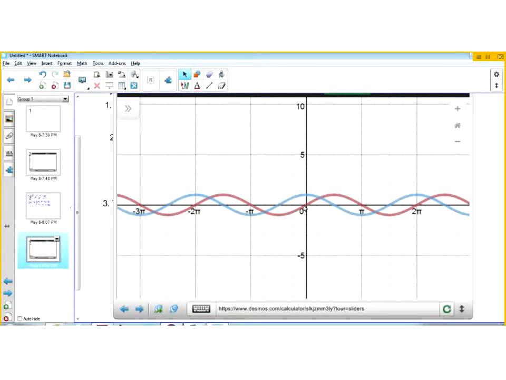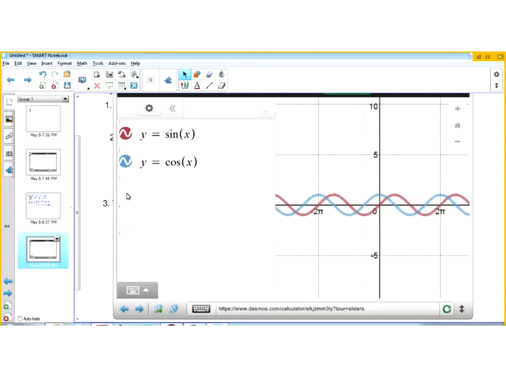So the red curve is sine x, and note carefully the sine function is 0 at 0, and the cosine function has an output value of 1 at x equals 0. So what are the other trig functions?